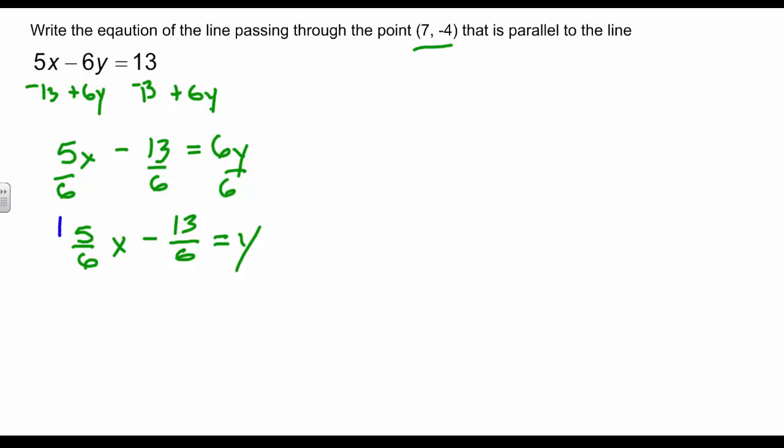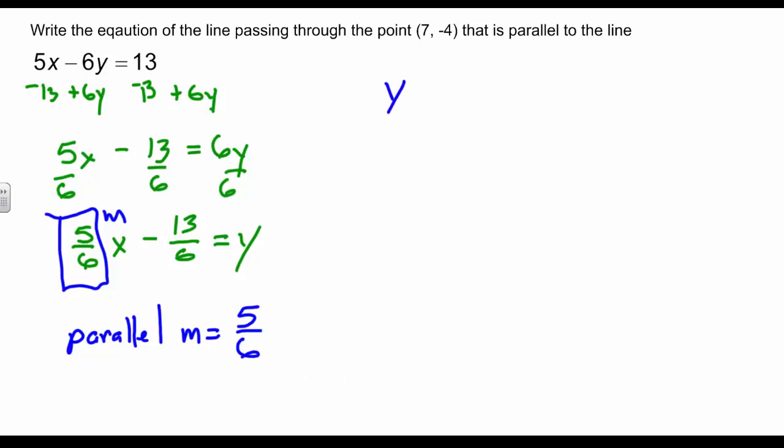If I want my slope, I look for the number in front of the x. This is my m, and my parallel m is going to be equal to the same thing because parallel lines have the same slope. So I can start an equation of y equals 5/6 x plus b.